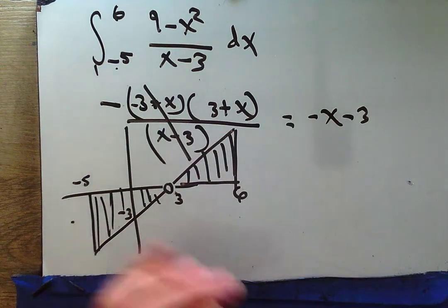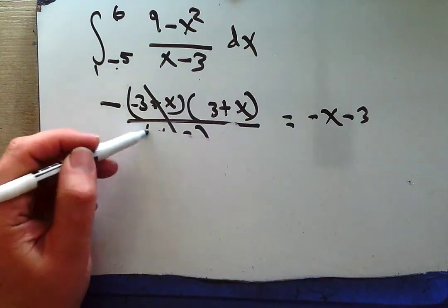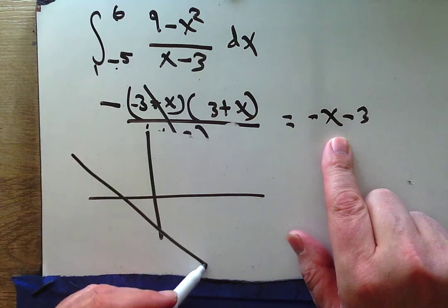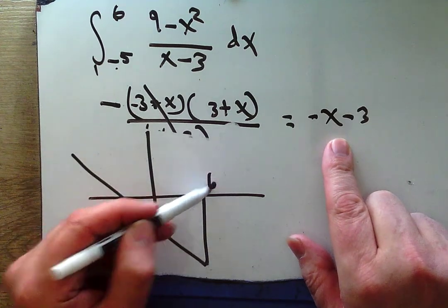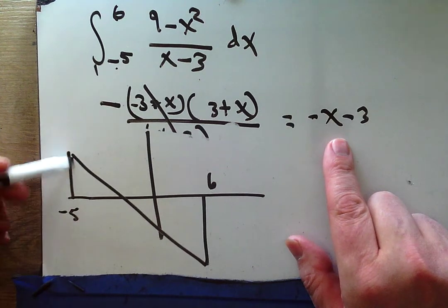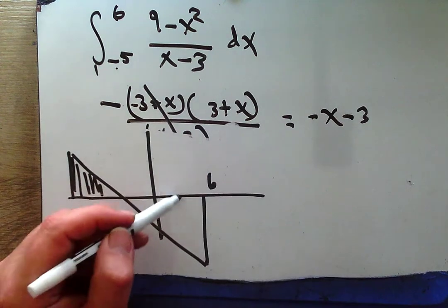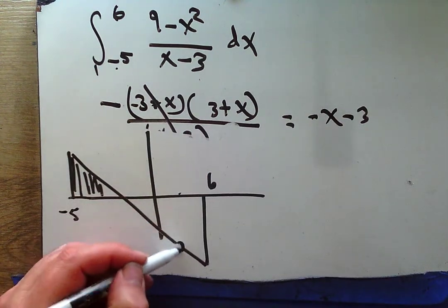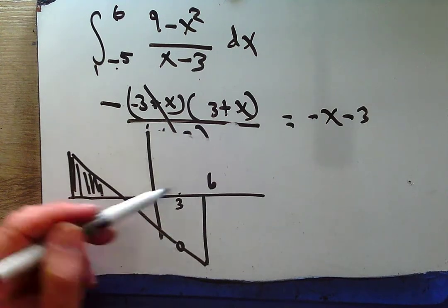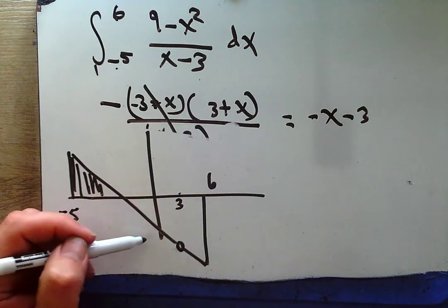Oh, I did the wrong graph. Silly me. Sorry. -x minus 3. Okay. That's my graph. There's 6. There's -5. And we have a hole at 3. What about that hole? Does it cause a problem for us to find the area here?